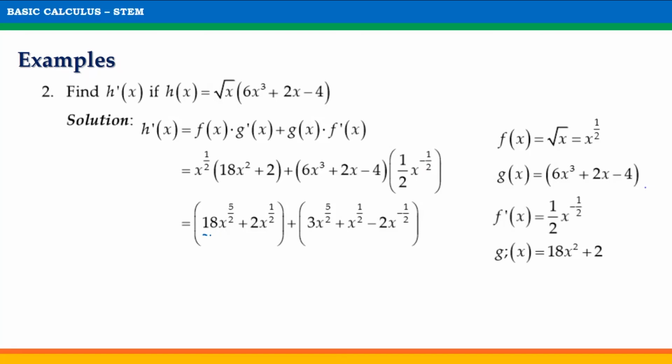Combining like terms, 18x^(5/2) and 3x^(5/2), and also 2x^(1/2) and x^(1/2), we will get 21x^(5/2) + 3x^(1/2) - 2x^(-1/2). Rewriting x^(-1/2) as a positive exponent, we will get 21x^(5/2) + 3x^(1/2) - 2 over the square root of x.